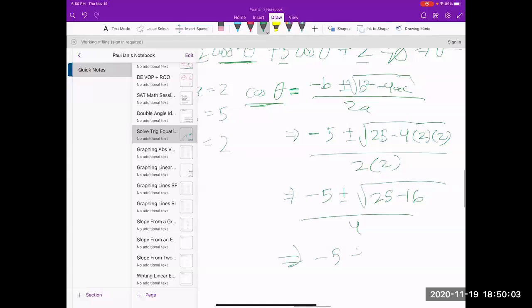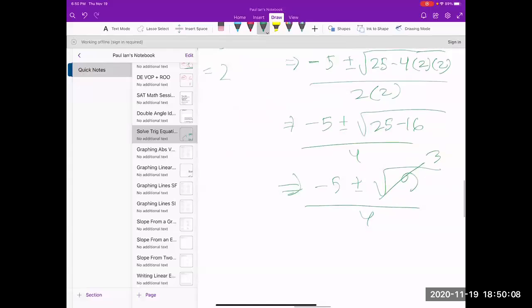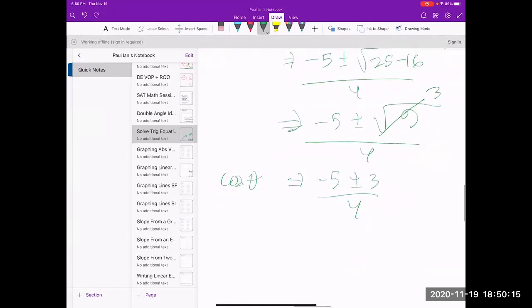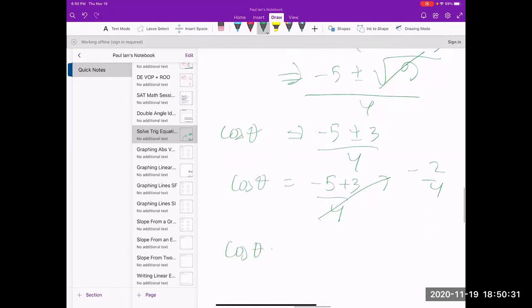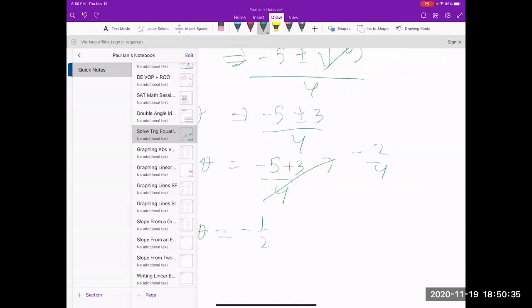So negative 5 plus or minus 3, divided by 4, is cosine theta. Negative 5 plus 3 is negative 2, so negative 2 over 4, negative 1/2 for cosine theta. The other one would be positive 1/2, with plus 3.